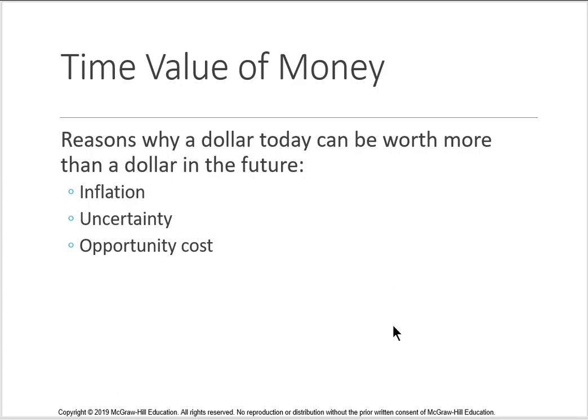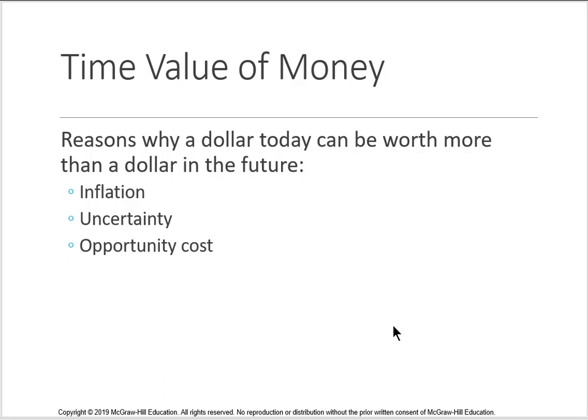So let's spend a couple of minutes talking about this time value of money. First of all, why does the value of dollars change? Primarily 3 things. Inflation is the primary culprit here. Inflation beats up the dollar. So future dollars will not buy as much as current dollars.